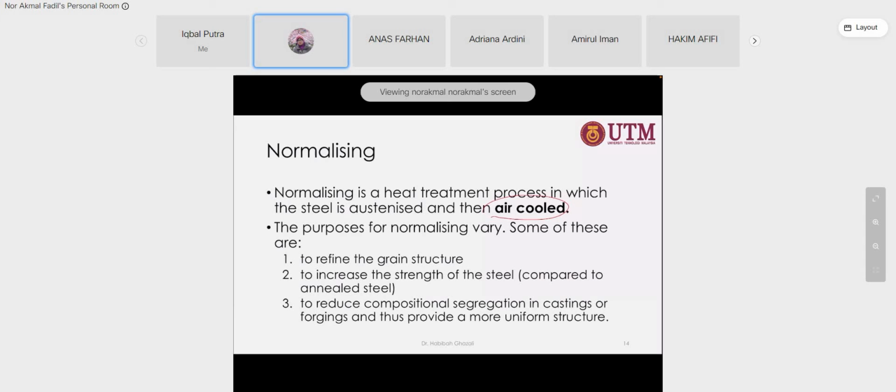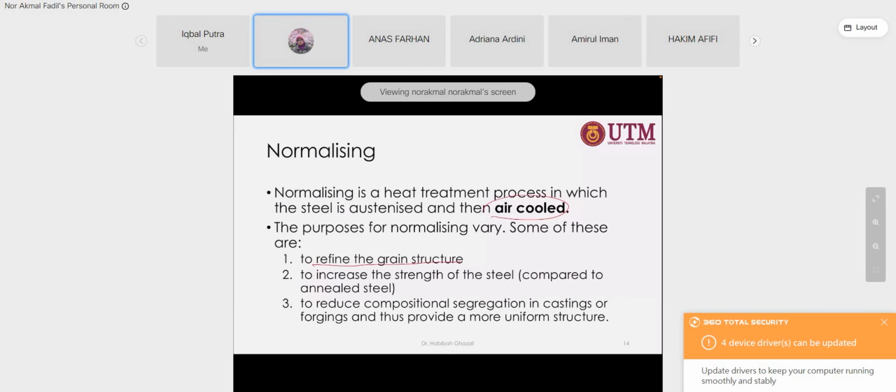Some of these are to refine the grain structure to increase the strength. Of course, if we obtain a smaller grain structure, we can increase the strength. So basically, steel that is cooled in the air, meaning it experienced the normalizing process, will have higher strength compared to the annealed steel of the same composition.